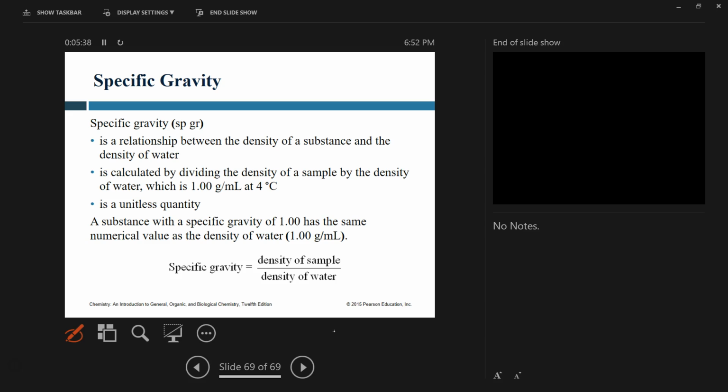Okay, what's the specific gravity for mercury? The density will be 13.6. What will be the specific gravity of mercury? 13.6 divided by 1, which gives you 13.6.